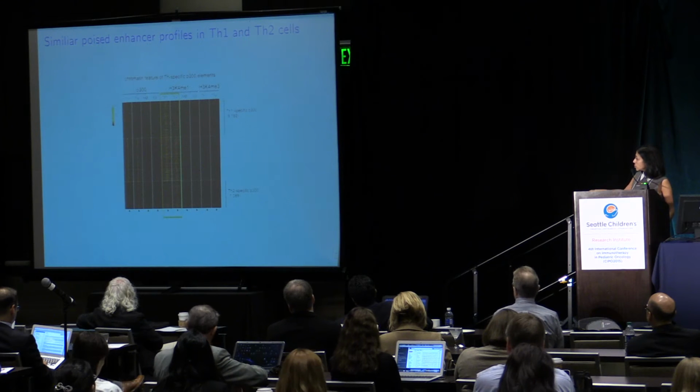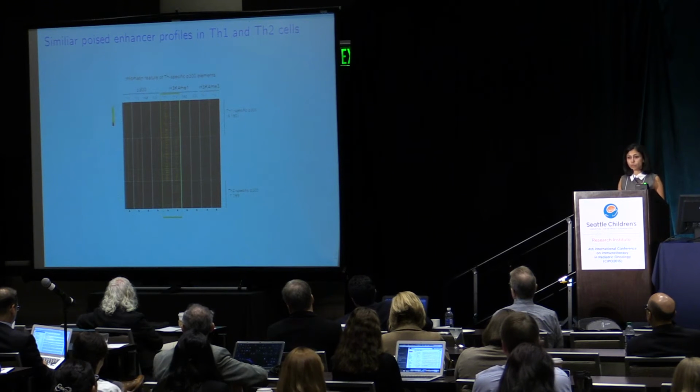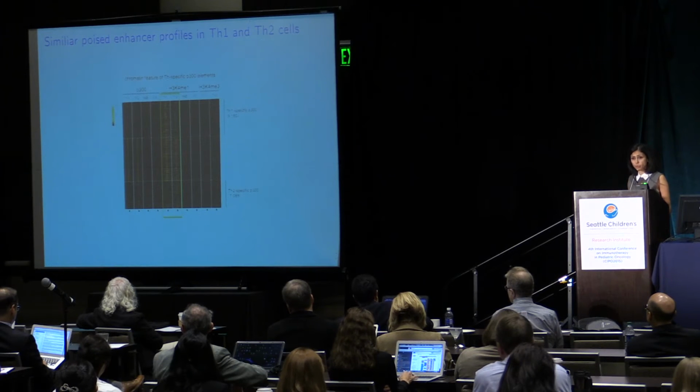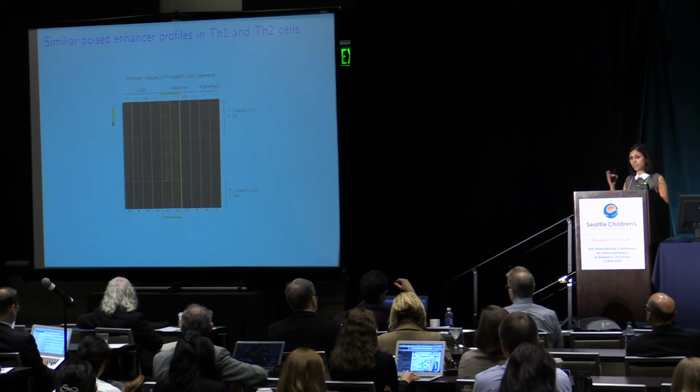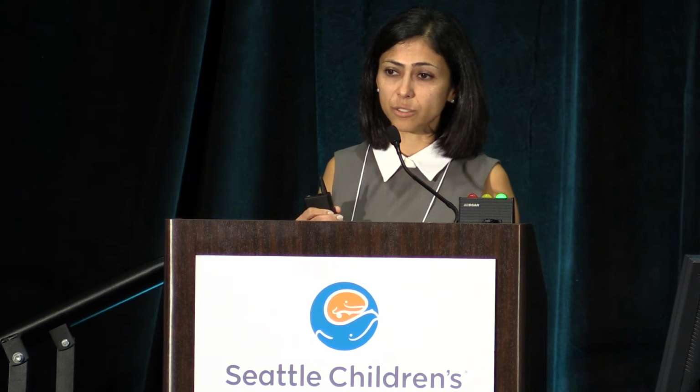What was different was that only a subset of these regions further got activated with the presence of the appropriate cytokine. So again, the poised landscape is similar, but the gain in acetylation is what is unique, and that eventually dictates gene expression.